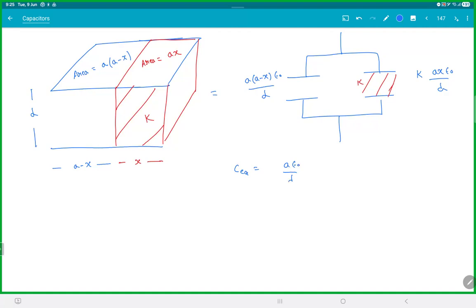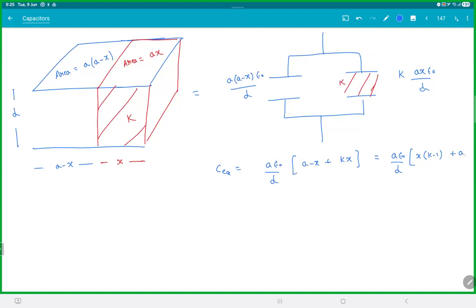You get A epsilon by D into A minus X plus KX. So this will give you A epsilon by D into X into K minus 1 plus A. This is important. Remember this question. This will again come in current electricity, which you're going to do later.